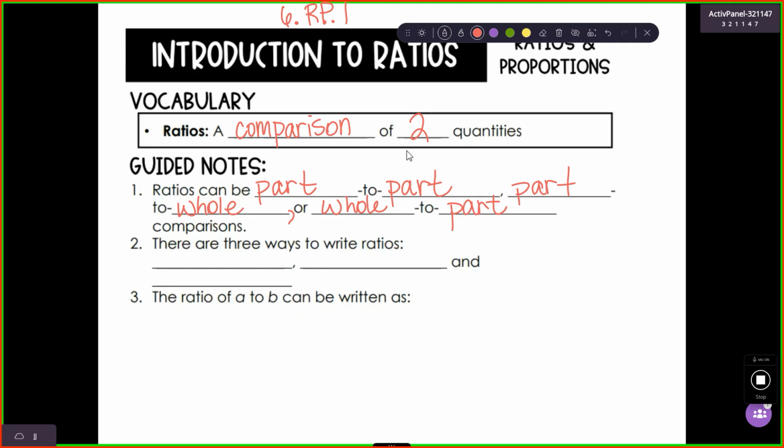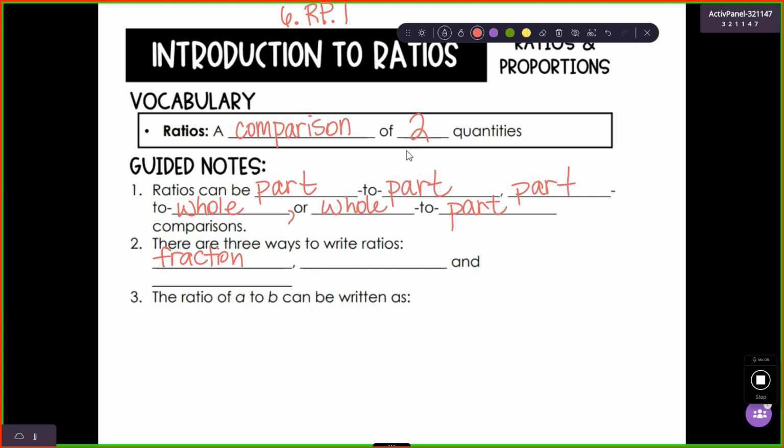There are 3 ways to write ratios. You can write it as a fraction. And what did we learn last week about fractions, or just reviewed last week from 5th and 4th grade? Simplifying fractions. Okay, we did that. Also, we learned that fractions are also called what operation? Division.